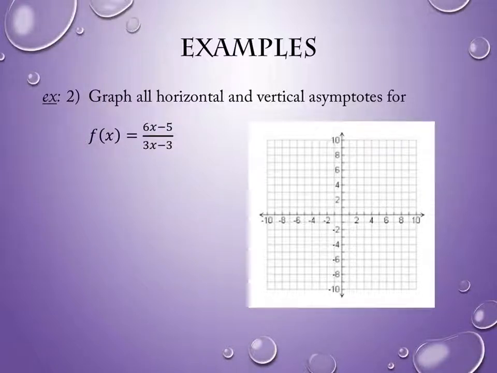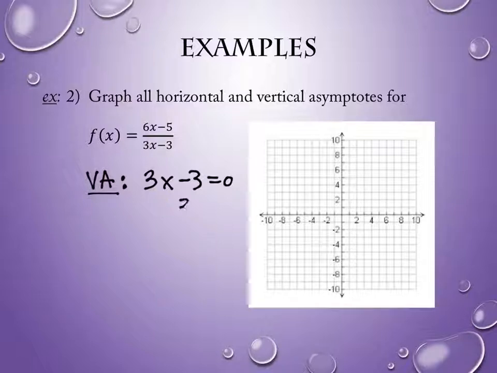We're going to find horizontal and vertical asymptotes, and I typically find vertical first. How do I find vertical asymptotes? That's right, Trey. We set the denominator equal to 0, and we solve.